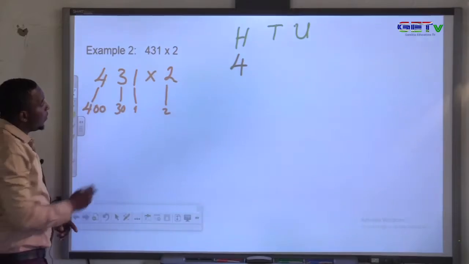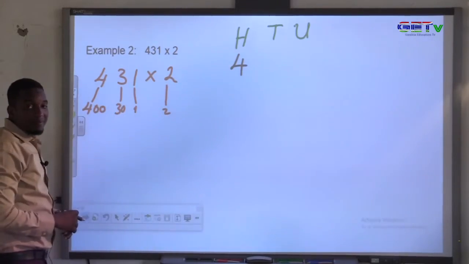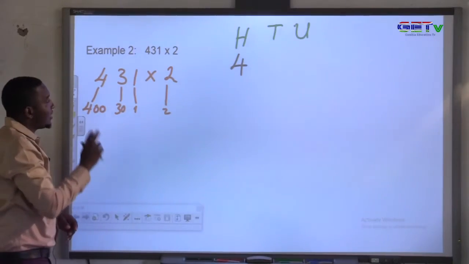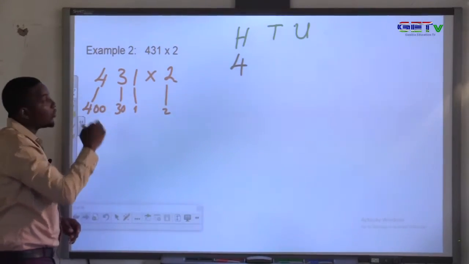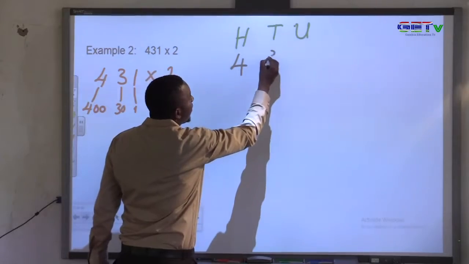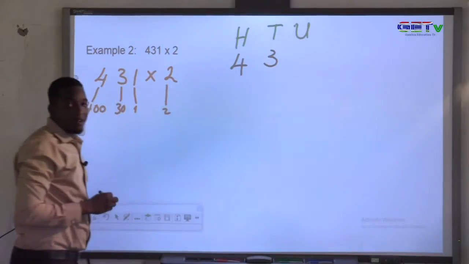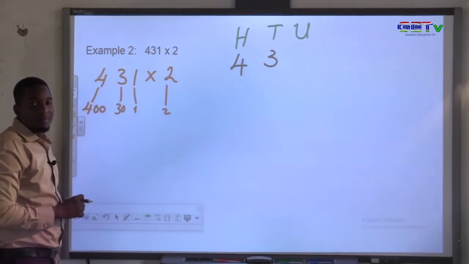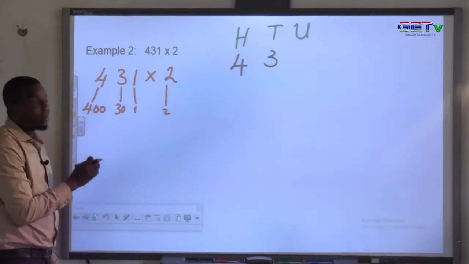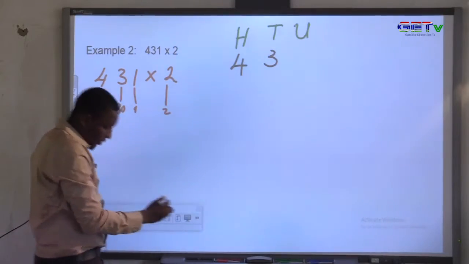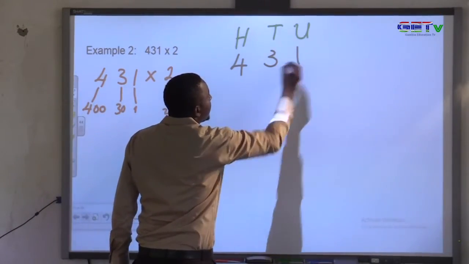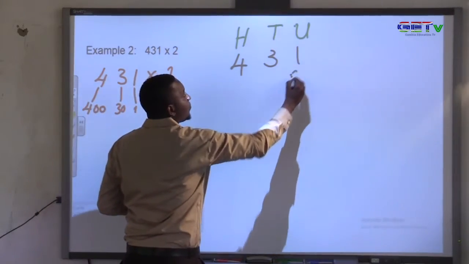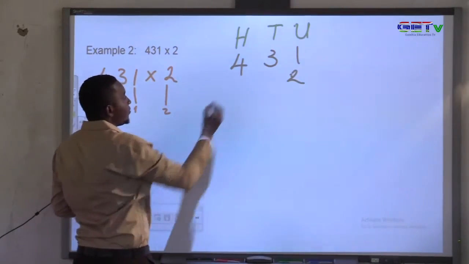From there, we look at 30. How many tens are in 30? There are 3 tens in 30. So we are going to write 3 under the 10th column. From there, we have 1. Well, 1 is a unit because it's a single digit. So we are going to write it under the unit column. Then we have our multiplier, 2, and multiplication.